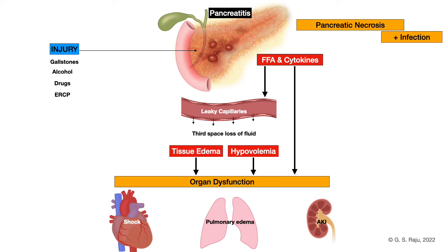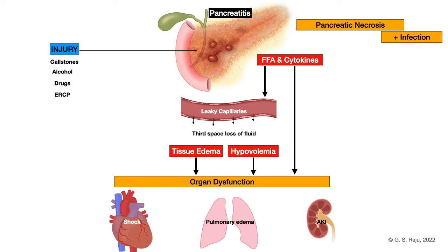And as the process worsens, you develop organ dysfunction from a combination of hypovolemic shock, tissue edema, and free fatty acids and cytokines causing the damage. In addition to organ dysfunction, the pancreatic inflammation can evolve into pancreatic necrosis, may develop infection, and get into trouble.